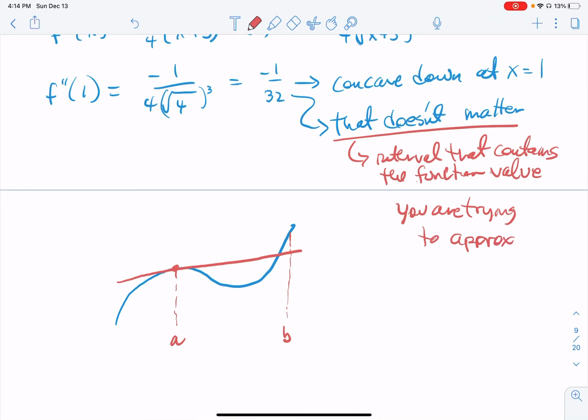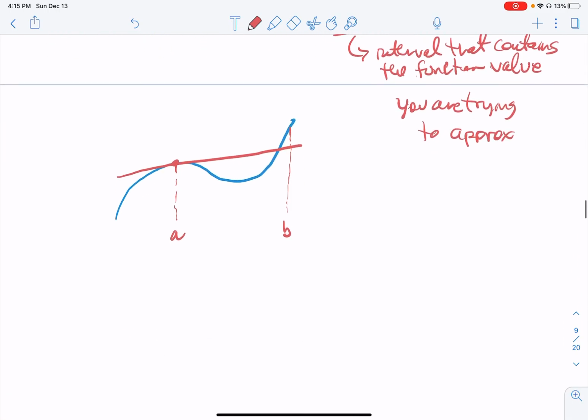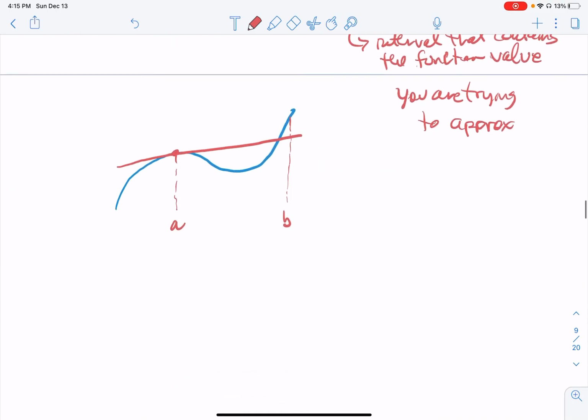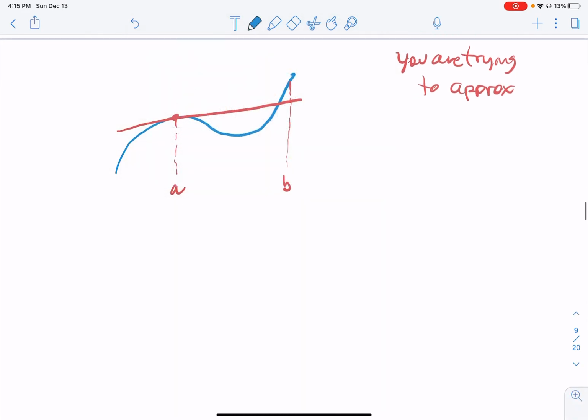So if our function remains concave down past the point of tangency and also past the point we're trying to approximate it at, then we can be guaranteed that our tangent line is over approximating the function at that particular value. So let's re-examine, shall we, our second derivative here and see if we can make some sort of argument about it.